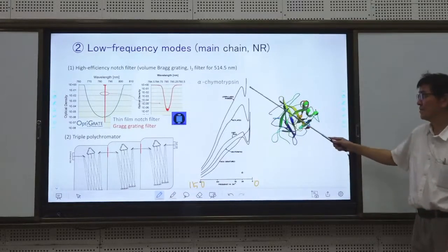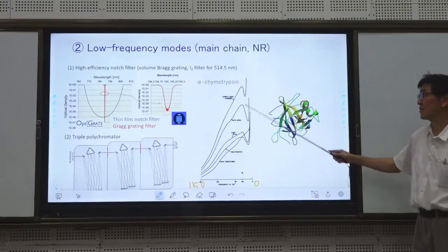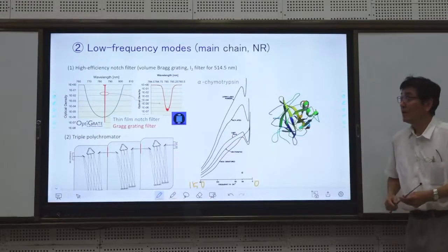Okay, so by analyzing the details, we can get information on the structural change.